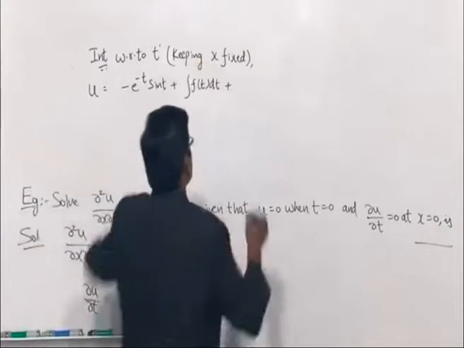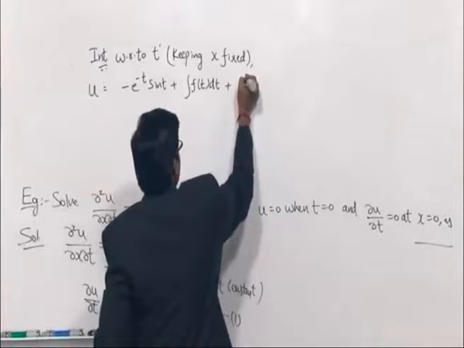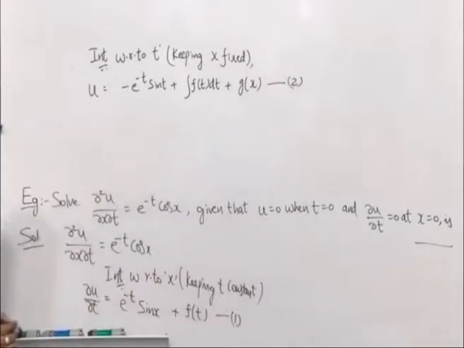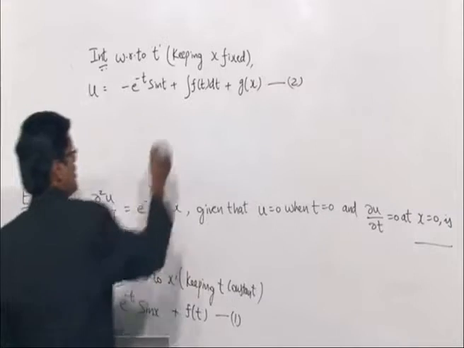Here the x variable is fixed, so add some g of x. Let us say equation 2.